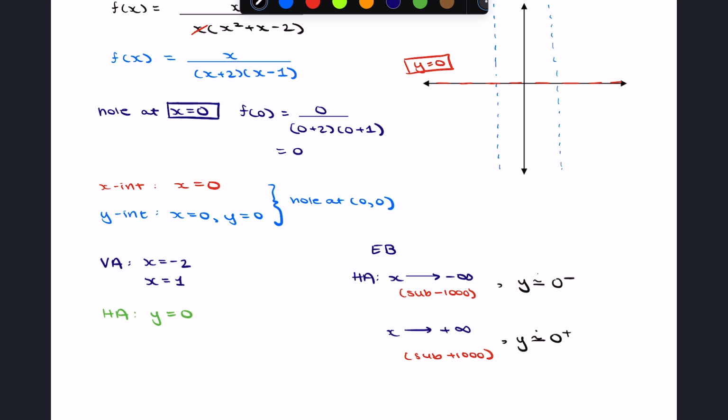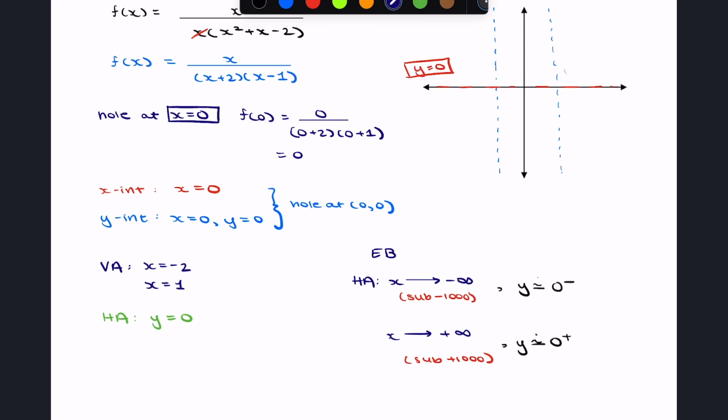Here it's a little bit above, so we'll indicate that as 0 positive. So here we see that for the horizontal asymptote, as x approaches negative infinity, y will be below 0. And then when x approaches positive infinity, we see that it would be above 0.